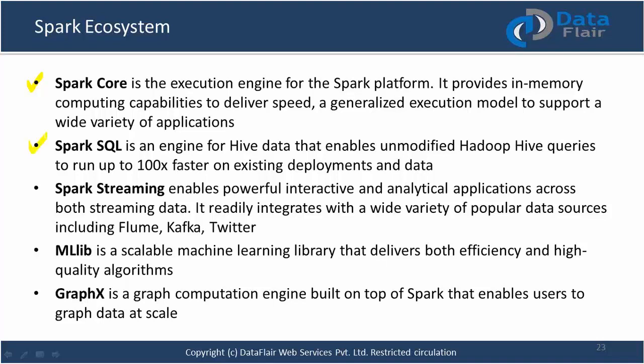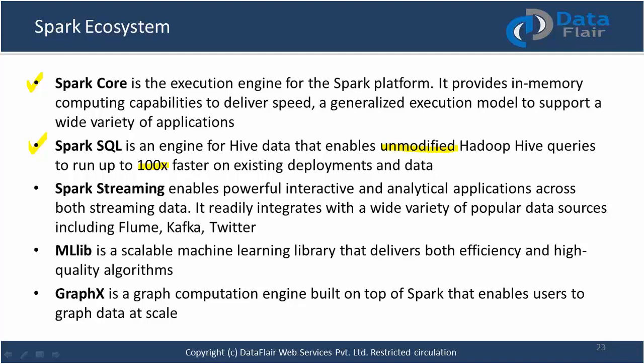Another component, Spark SQL, enables users to run SQL or HQL on the top of Spark. It is an engine for Hive data that enables unmodified Hive queries. Guys, important point here is unmodified Hive queries. No need to modify your existing queries, and run up to 100 times faster on existing deployments and existing data.